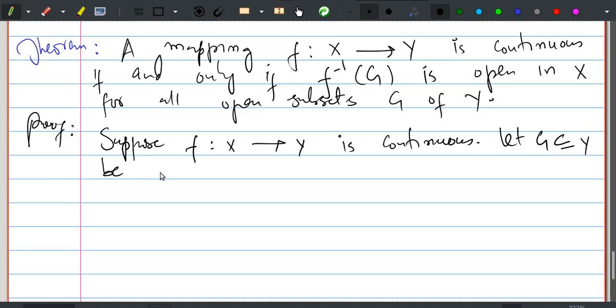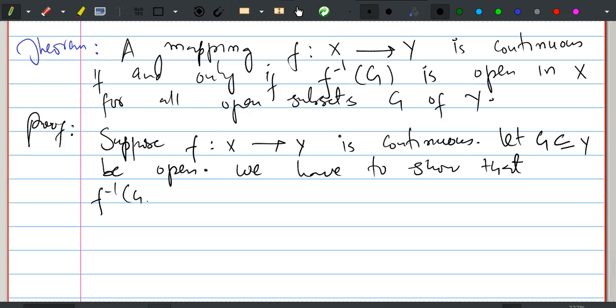So we have considered an open subset of Y. We have to show that the inverse image of this open set G under f is open in X. We have to show that f inverse G is open in X.